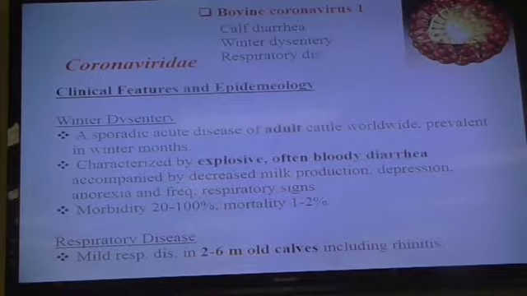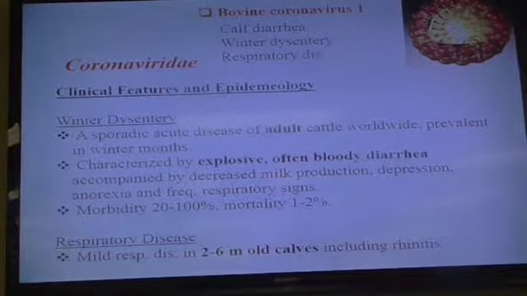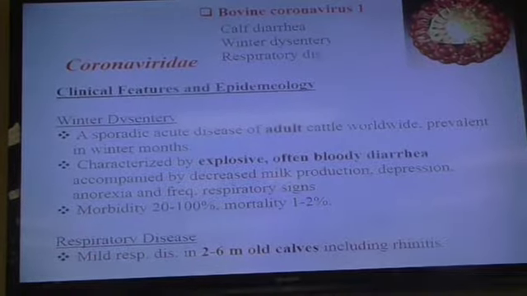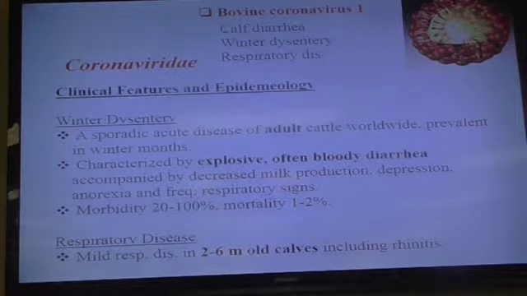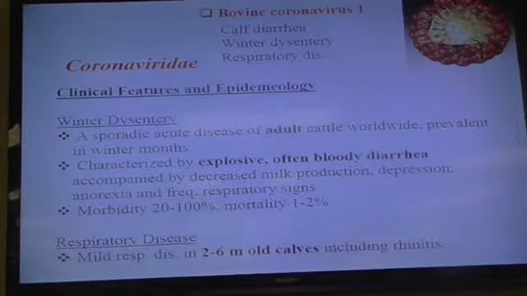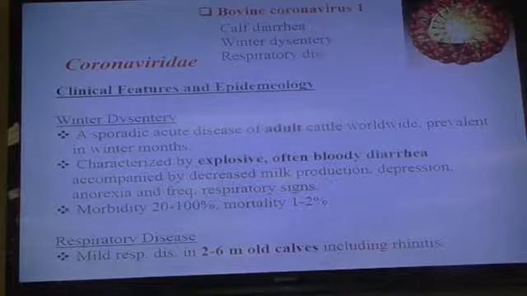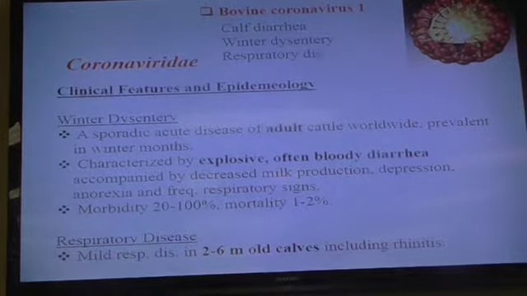The virus bovine coronavirus 1 is associated with three syndromes: calf diarrhea, winter dysentery, and respiratory disease. Now, the calf diarrhea and respiratory disease can both be present in the animal. Winter dysentery can be associated with respiratory symptoms.